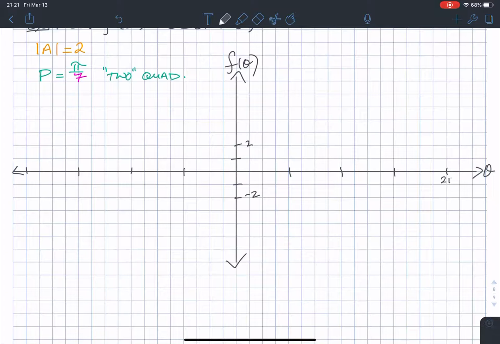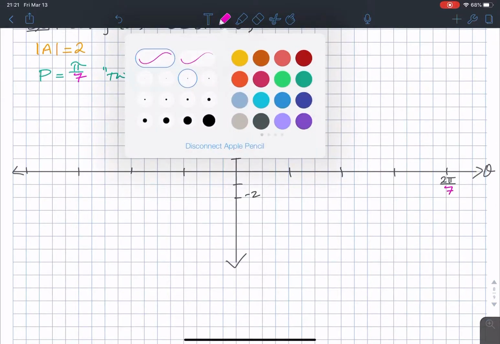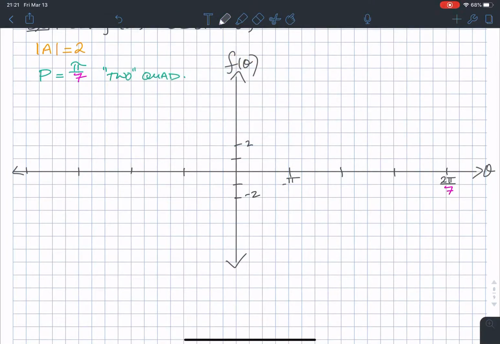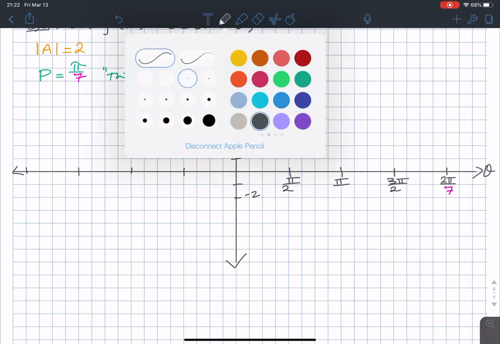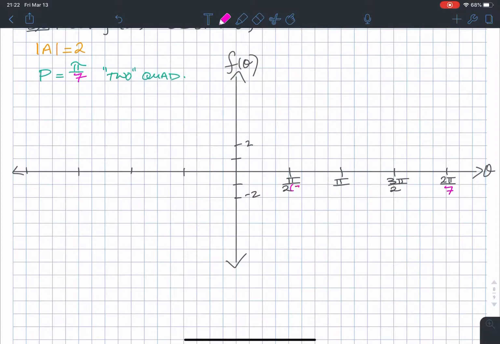Normally, the period is 2 pi, but I'm dividing by 7. So let's take each quadrant, pi over 2, pi, and 3 pi over 2, and divide it by the coefficient of theta inside the argument, 7. So, is it true that 2 quadrants, or tick marks, is indeed pi over 7? Well, is this distance pi over 7? And it is. Okay, so we're set.